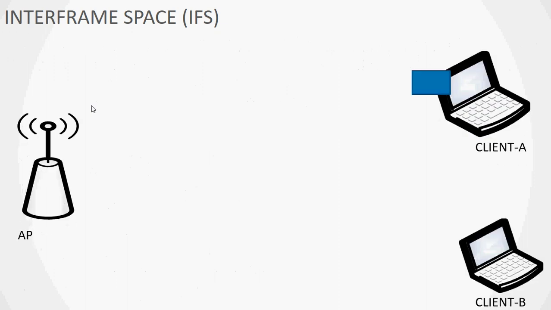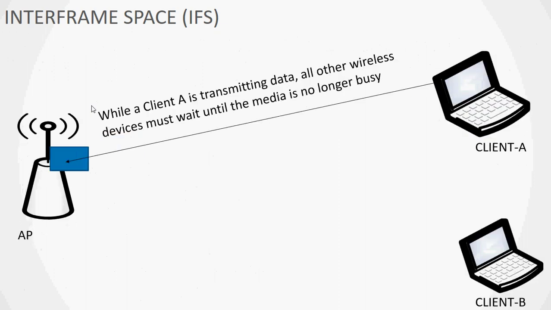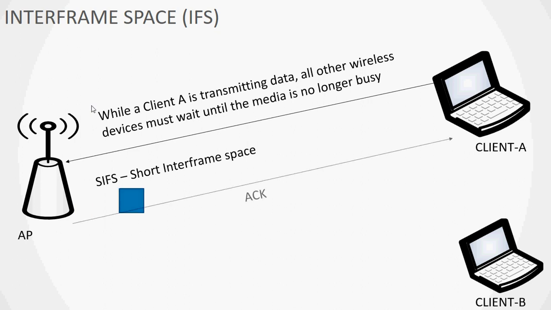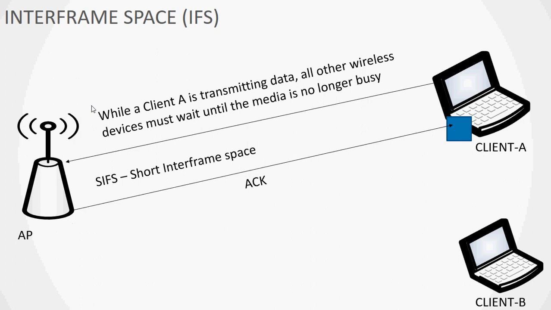So how does it actually work? When a client is transmitting data, all other wireless devices must wait until the media is no longer busy. Once client A has transmitted, it waits for a SIFS, a short interframe space, and then it sends an acknowledgement.